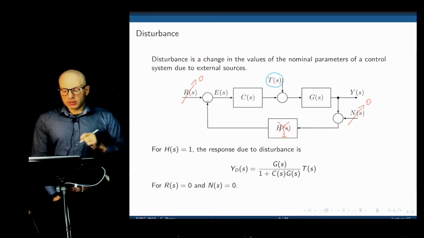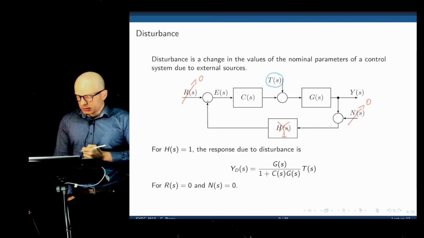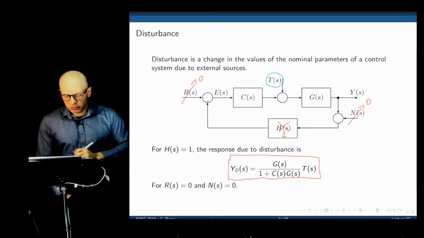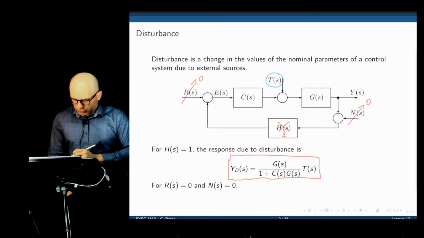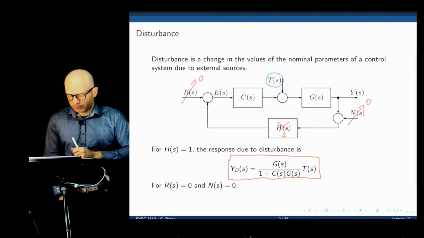So T of S becomes the input, Y of S is still the output, and you can calculate the closed loop transfer function by simplifying the blocks as we saw before. This would be the equivalent transfer function of that system: G of S divided by 1 plus C times G. Again, G is the plant, C is the controller, T is the disturbance.